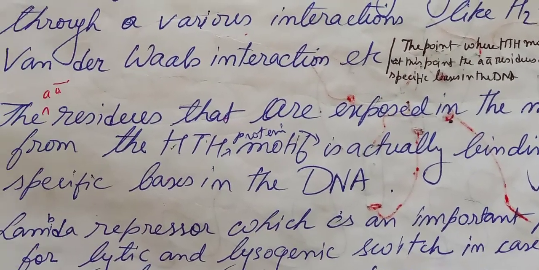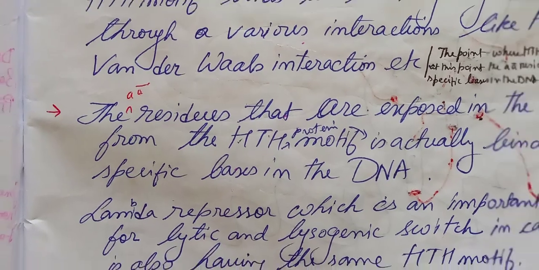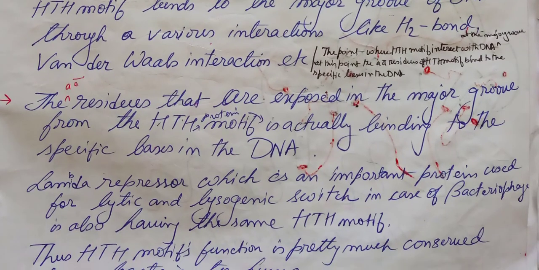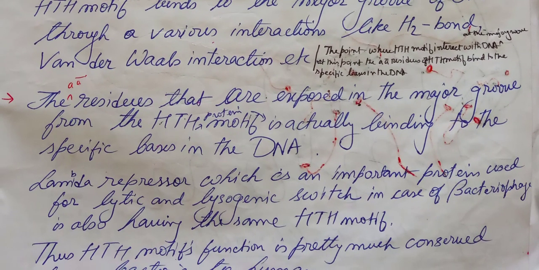Now comes the next point. Let us see the residues, the amino acid residues, in short form I have written a bar symbol. So these amino acid residues that are exposed in the major groove from the helix turn helix protein motif actually bind to specific bases in the DNA.